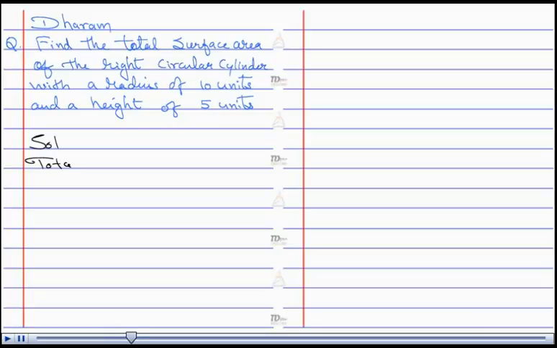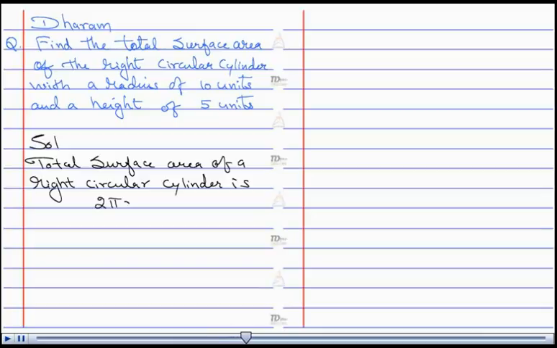Since we know that the total surface area of a right circular cylinder is given by the relationship 2 pi r h plus 2 pi r square, where r is the radius of the base and h is the height.